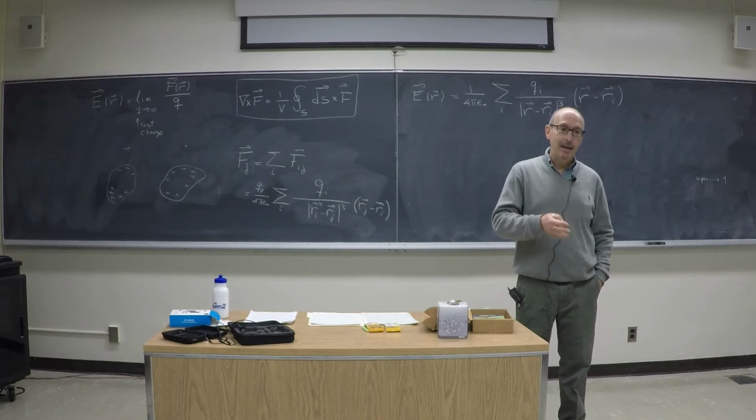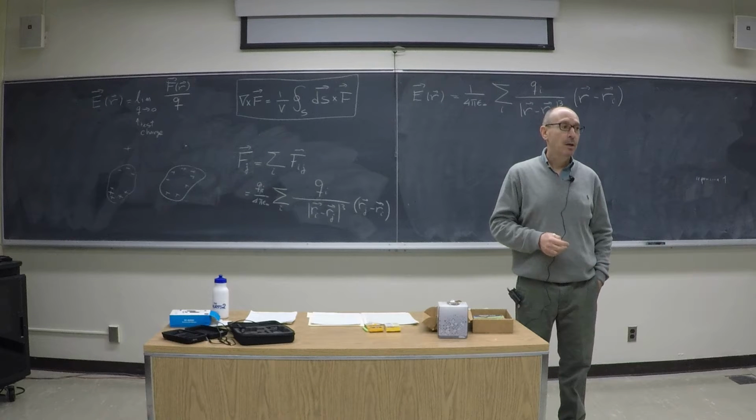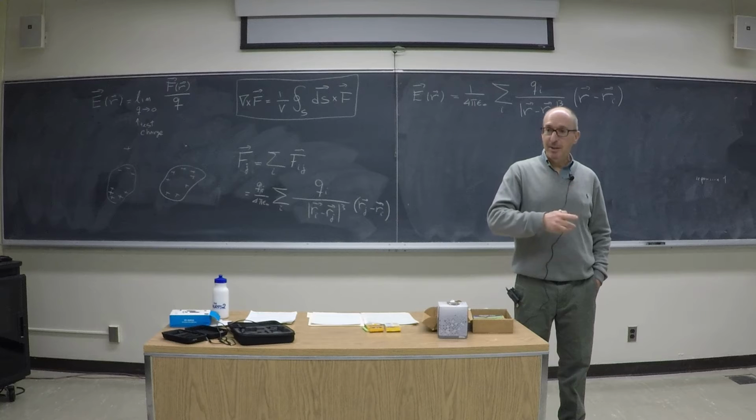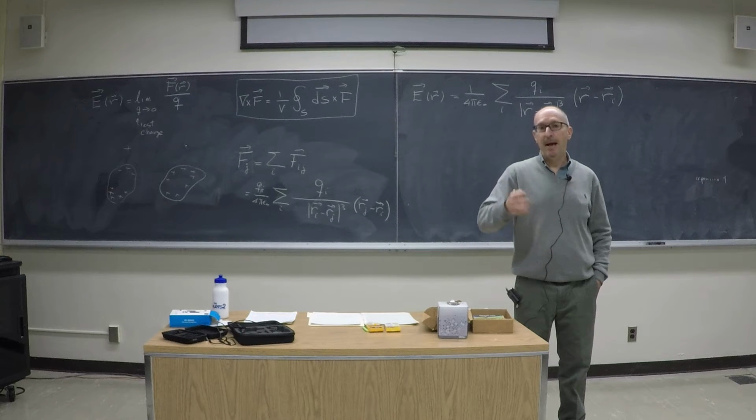The letter I, I'm going to reserve for the generators, the charges that produce the field, the sources. If I deal with a discrete situation, it's going to be R sub I. But if I deal with a continuum, then I'm going to change the notation because I cannot have an index I anymore. So I'm going to call it R prime.